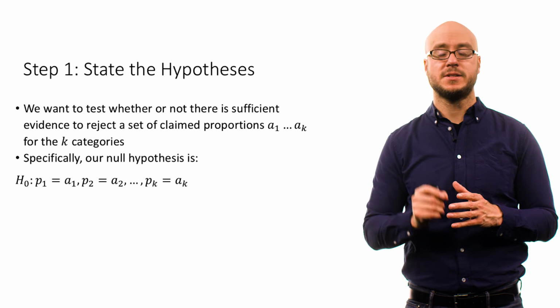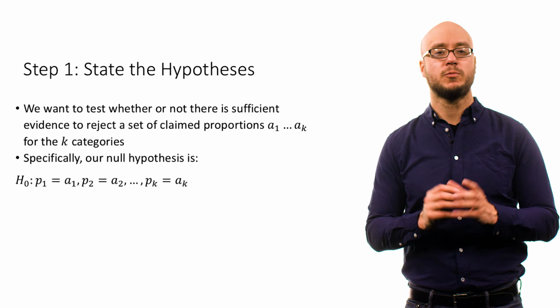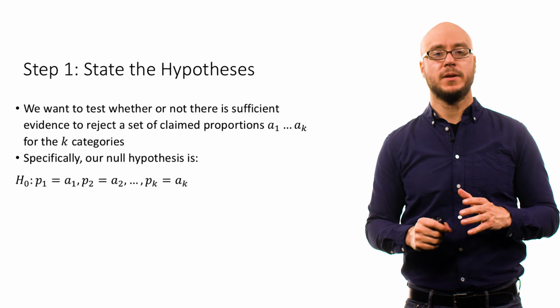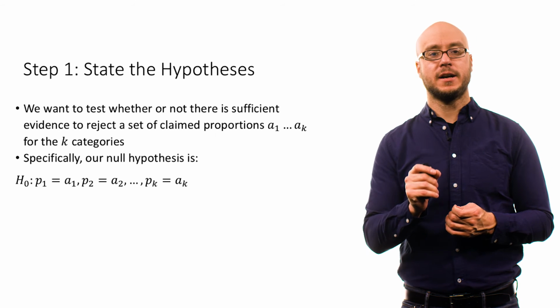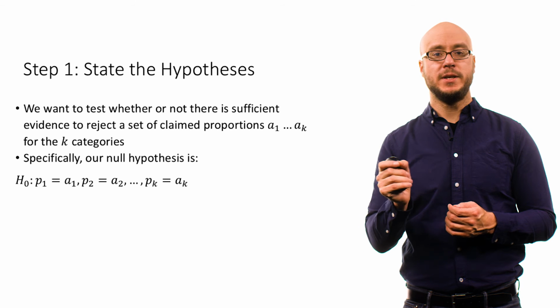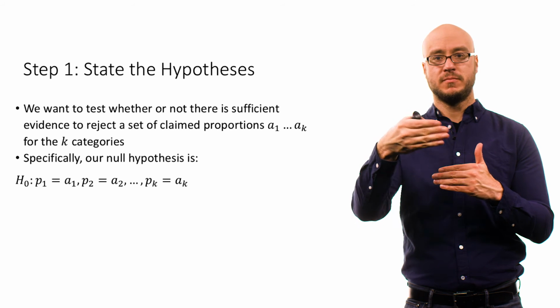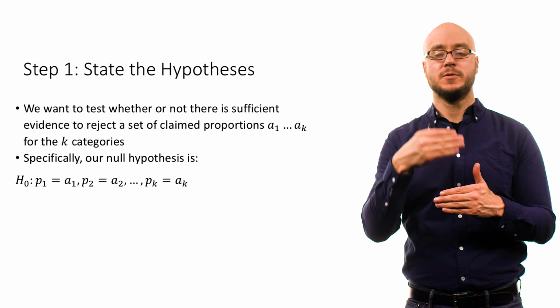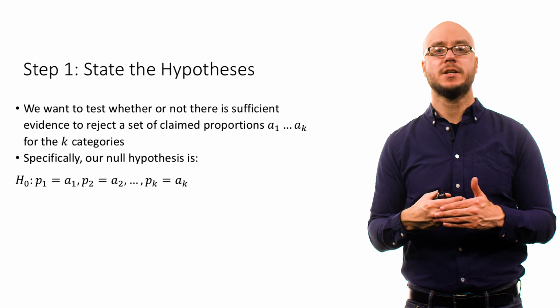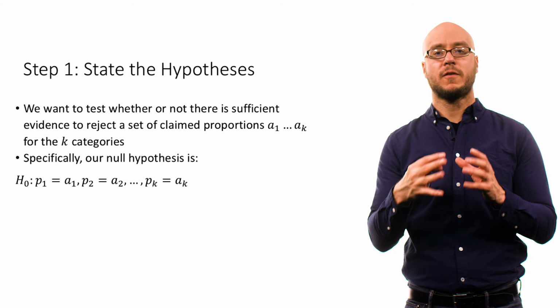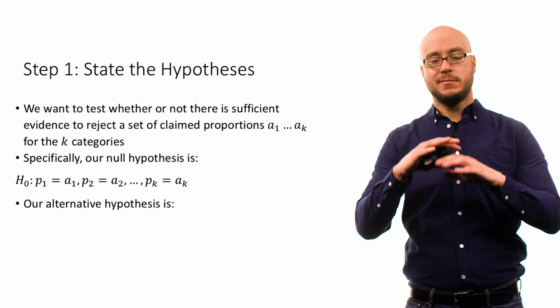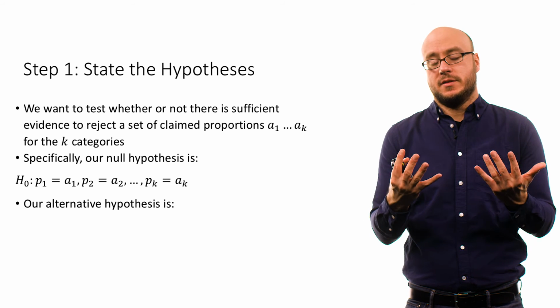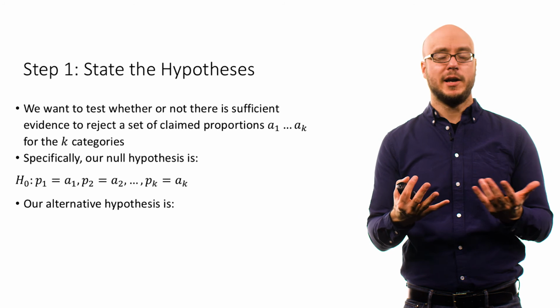So P in this particular test refers to proportions in the population. This is as you'd expect. So just to be clear, p1 to pK refers to the actual proportions in the population, and then a1 to aK refers to those claimed proportions. So, intuitively, you can think of the null usually as nothing's going on.